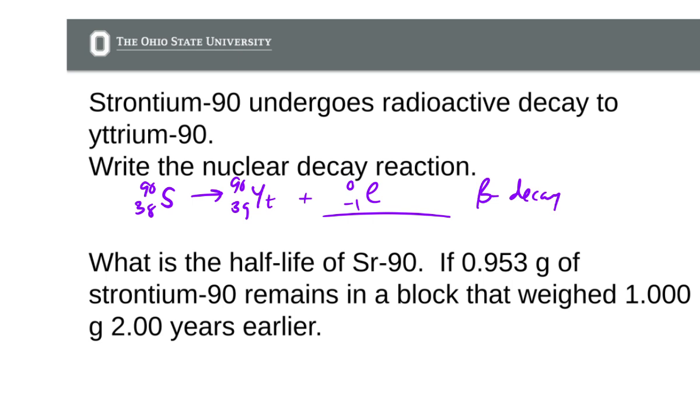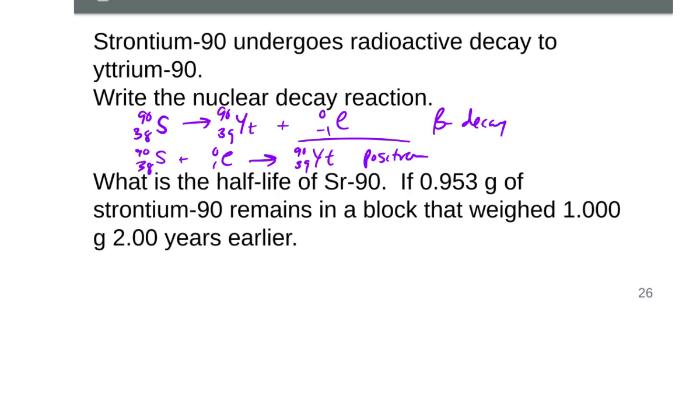There is one other option, and that is if strontium-90 were to capture a positron, it could form yttrium-90 that way. So if you came up with that, that is also valid. If you didn't, that is completely acceptable.